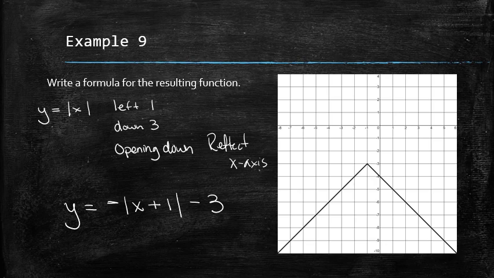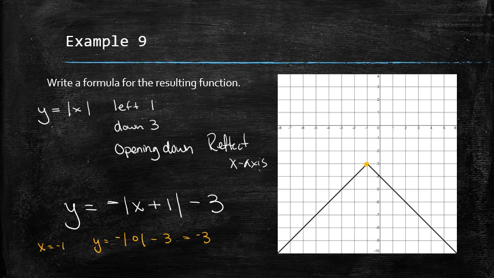Let's plot a couple points just to check it. If we let x equal negative 1, we would have that y is equal to the opposite of the absolute value. Negative 1 plus 1 is 0. So we're taking the absolute value of 0, which is 0, minus 3. So we get negative 3.